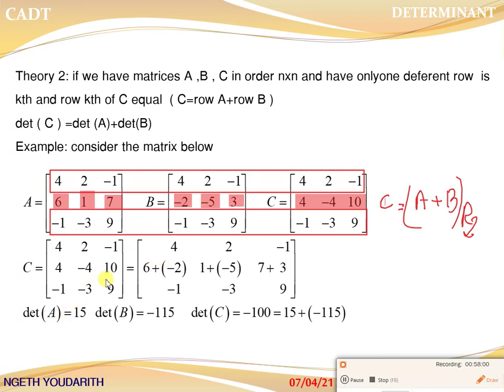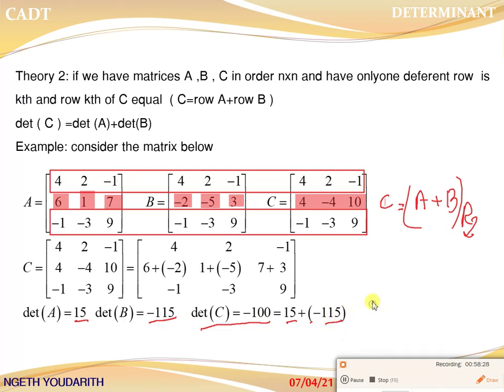In this case, it means that the determinant of A is equal to 15. Determinant of B is equal to minus 115. Determinant of C is minus 100, which is equal to 15 plus negative 115.